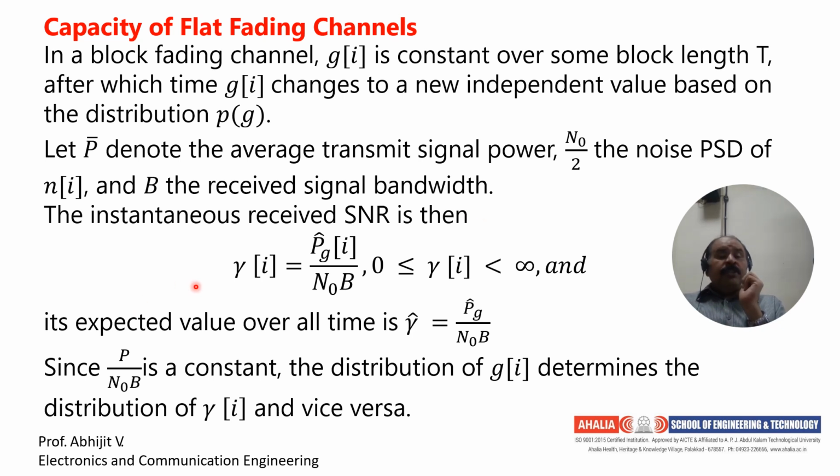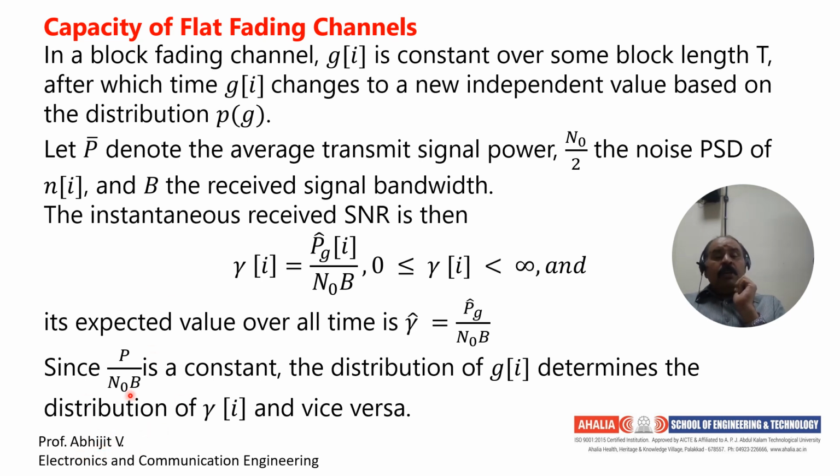In that case, the instantaneous received signal to noise ratio is given by gamma of i is equal to P g of i by N0 B, and this value gamma of i, signal to noise ratio, will be between 0 to infinity, can be equal to 0, and its expected value over all time, gamma bar is equal to P bar by N0 B. Since this is a constant, power by N0 into B, where N0 by 2 is the power spectral density and B is the bandwidth.